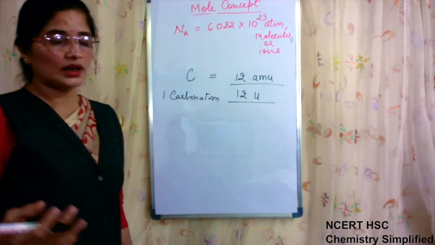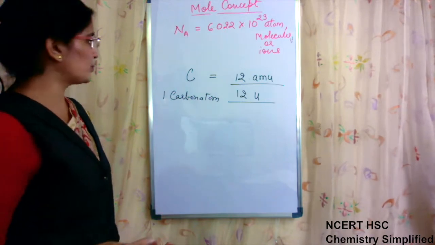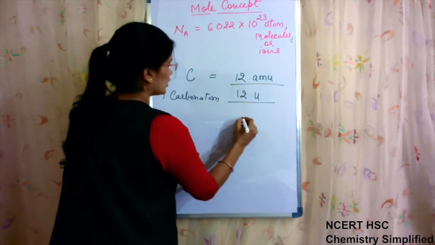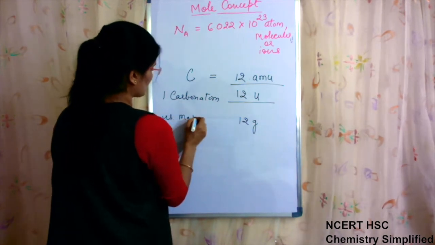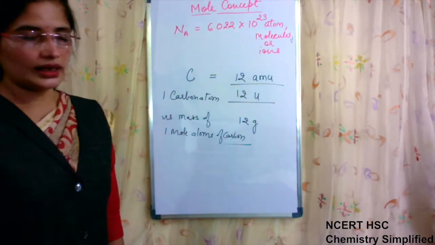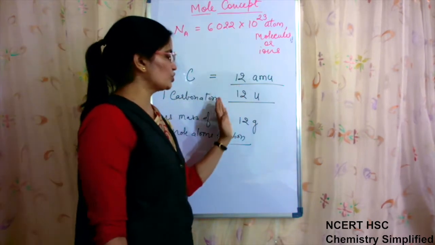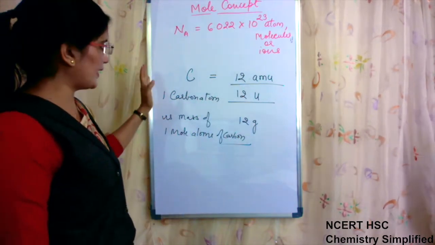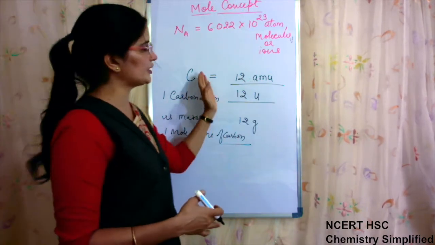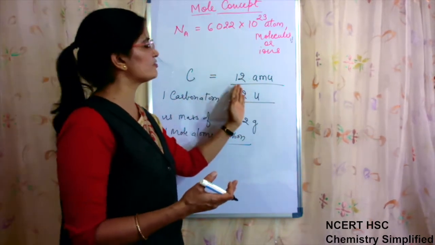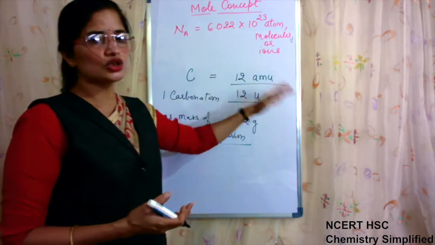Till now we were saying 12 AMU, 12 units, we defined it as one carbon atom because the actual mass is very small, so we are converting into relative mass, and that relative mass for carbon comes out to be 12 AMU.